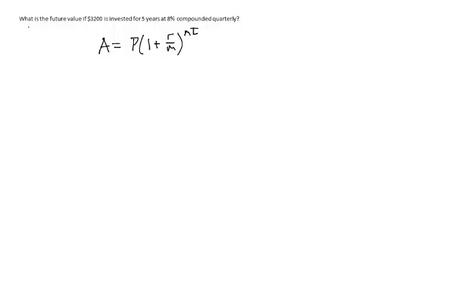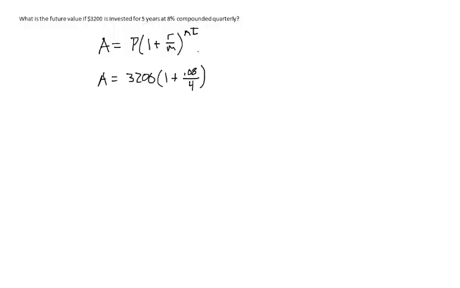So in this problem, we want to find future value, so we want to find A. So A is equal to our principal amount, which was $3,200, times 1 plus our rate divided by our compounding. And our rate is 0.08 for 8%, divided by 4, because we're compounded quarterly, so our M is equal to 4.